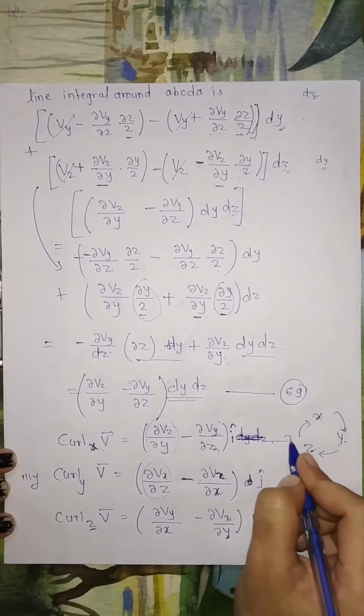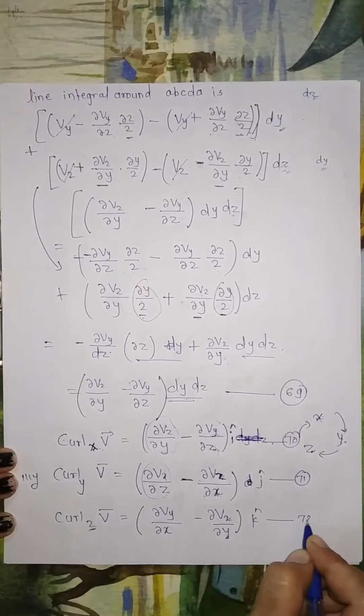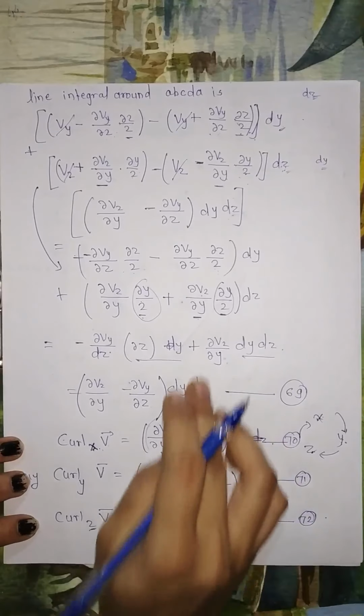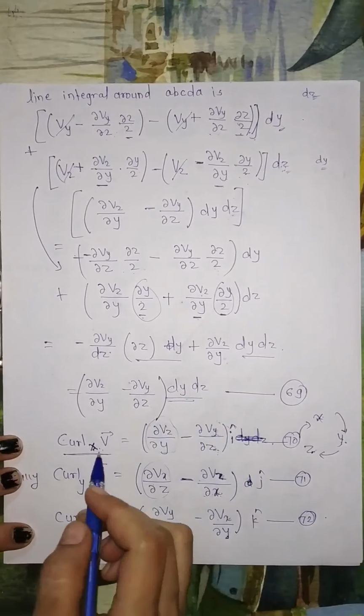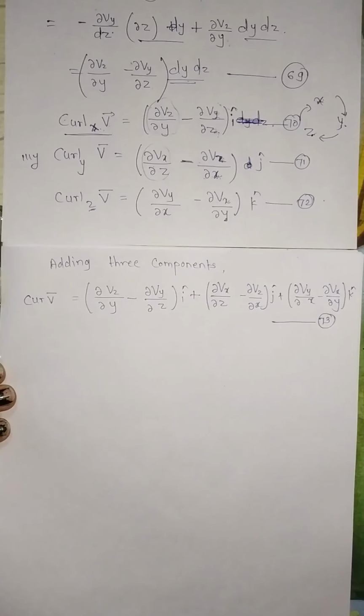Now let me call these equation 70, equation 71 and equation 72. So if we add these three components, we will get the total curl of v bar along x, y and z. So let me write it on a new page.